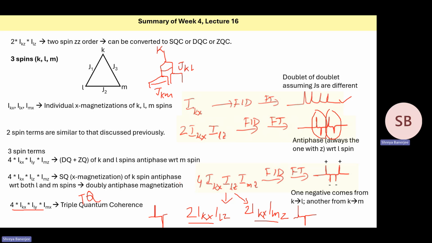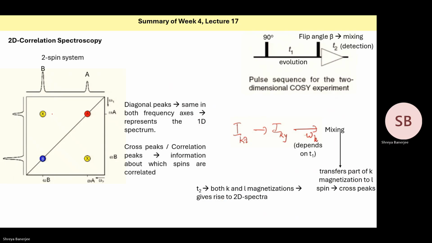Here, I'm just introducing you to the nomenclature: what kind of terms a two spin system can have, and what kind of quantum coherences they can have. We are right now not going that deep into the mathematics of where the terms come from. So this is about the three spin systems.